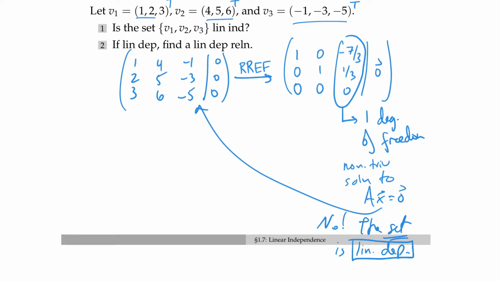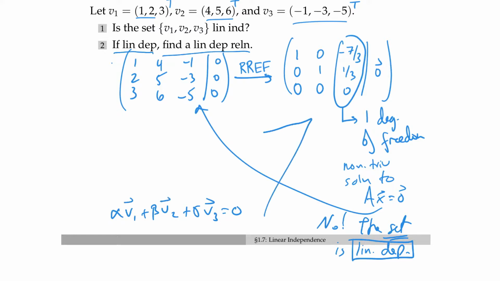Now, part 2 says, if you're linearly dependent, find a linear dependence relation. What that means is, I know that I'll have alpha v1 plus beta v2 plus some gamma v3 equals 0. That's my equation to test for linear independence.